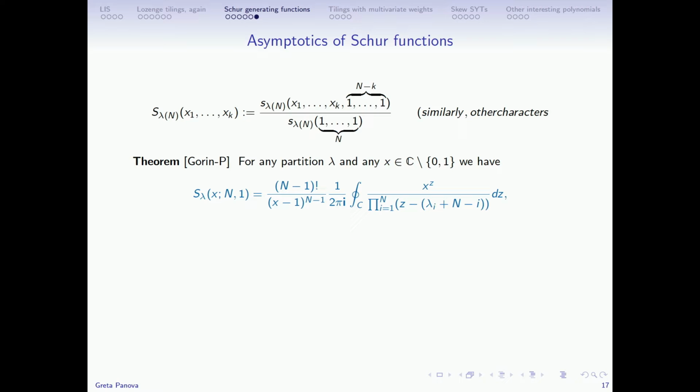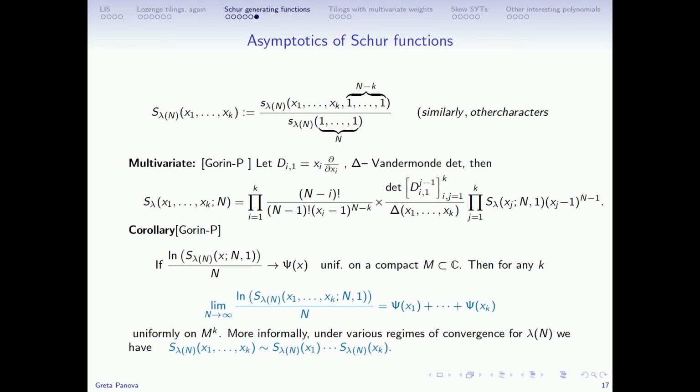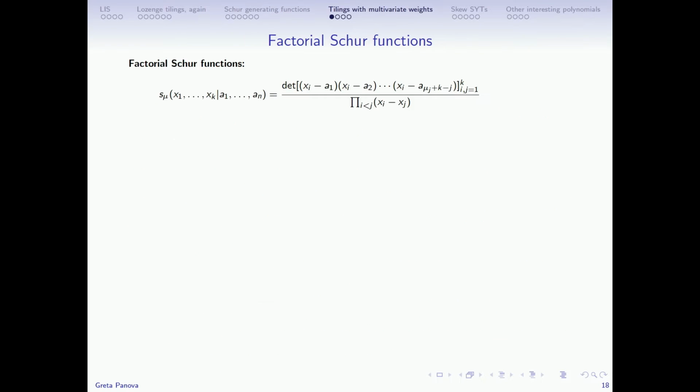So if you have just one variable, you can write this ratio of Schur functions as a complex integral. And then you can do asymptotics on that integral to figure out what the behavior of this function is. So that's also, I'm going to leave it just part of the slides without getting into the details of how we do this.